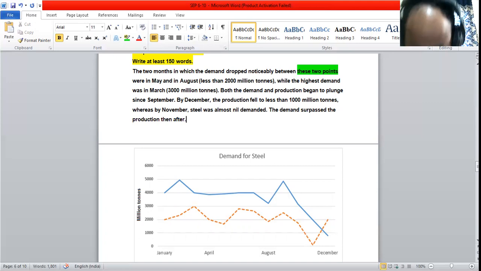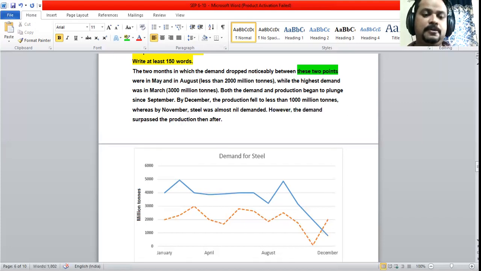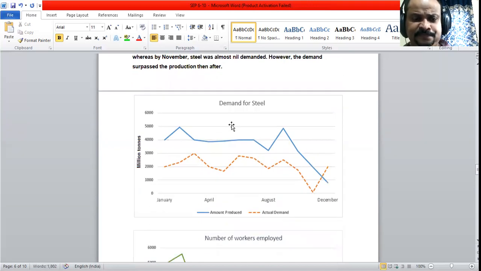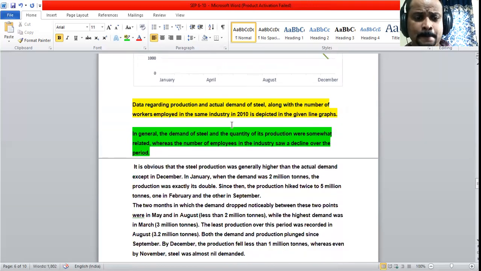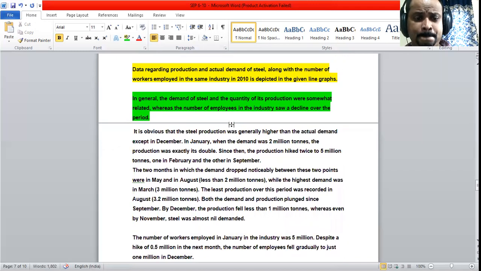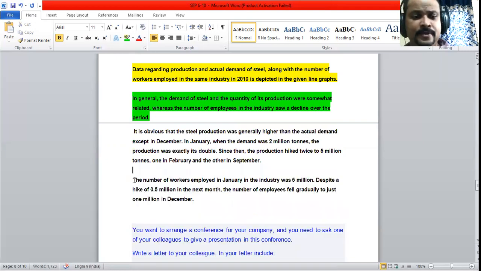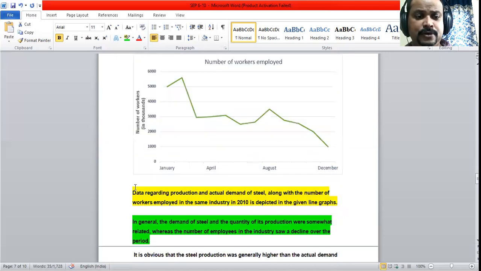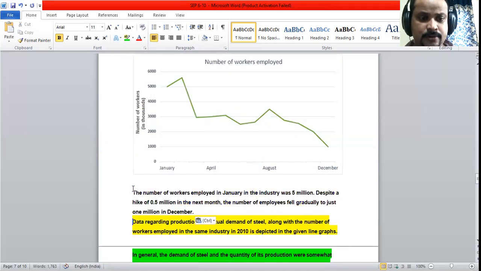So I have to use one more word there to connect. However, the demand surpassed the production thereafter. Now, the last particular paragraph which I am going to say is this.